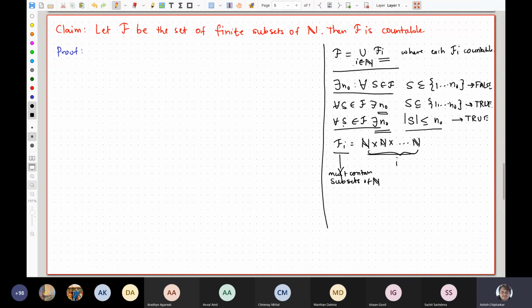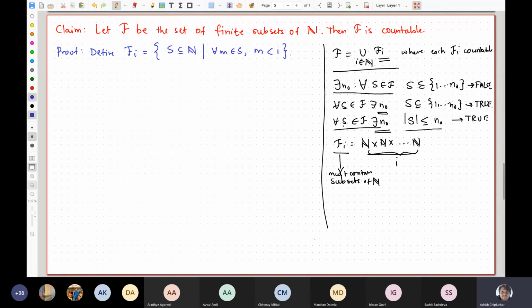Okay, let's come back, class. Enough discussion on this. So the idea is to express F as a countable union of countable sets, and the way I'll do it, there could be other perfectly reasonable ways. Define Fi to be the set of all S subset of N such that for all m in S, m is strictly less than i.